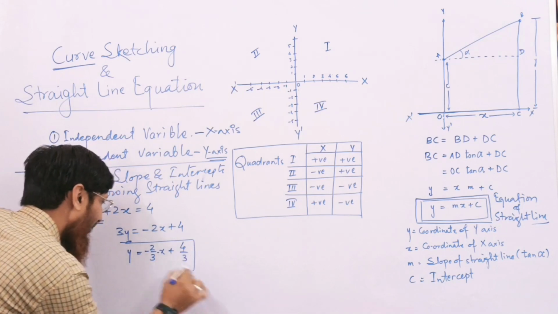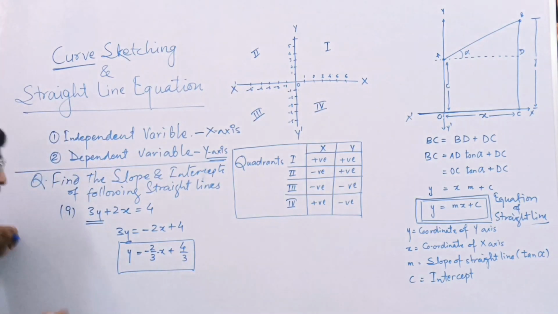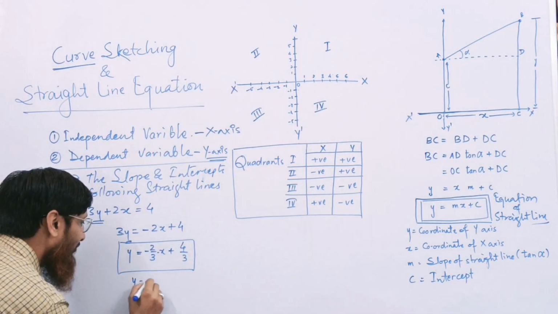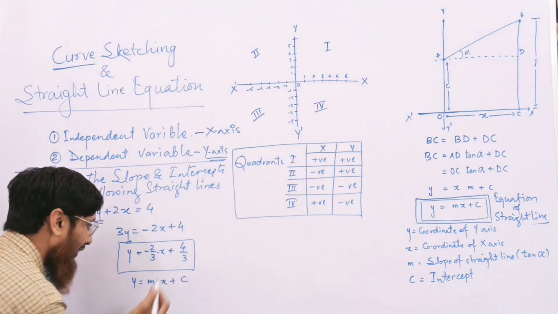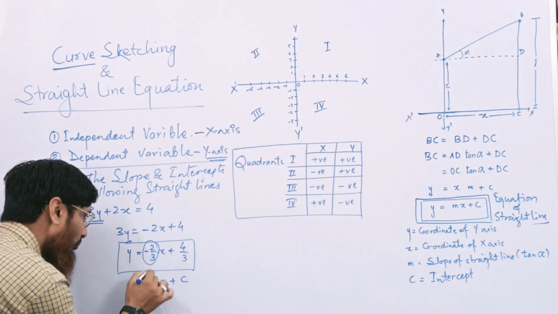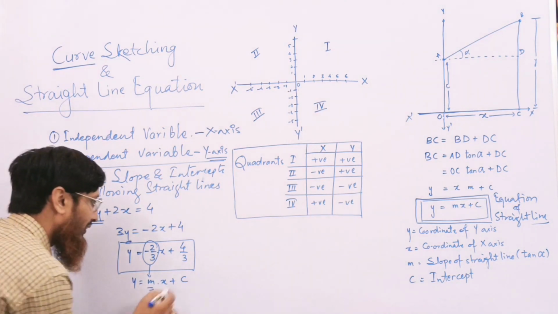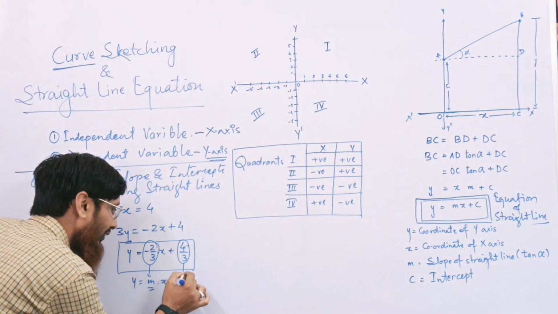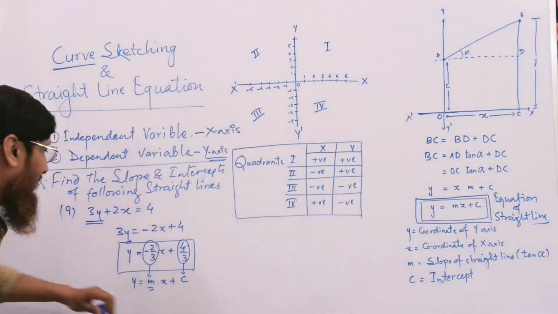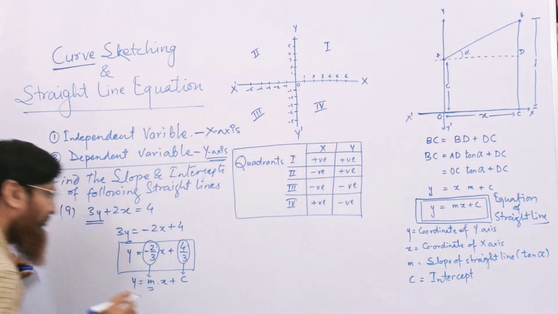So we can see here, this is seen like y equals to mx plus c. So minus 2 by 3 can be resembled as m, which is the slope of the straight line, and 4 by 3 resembles c, which is the intercept of the straight line.